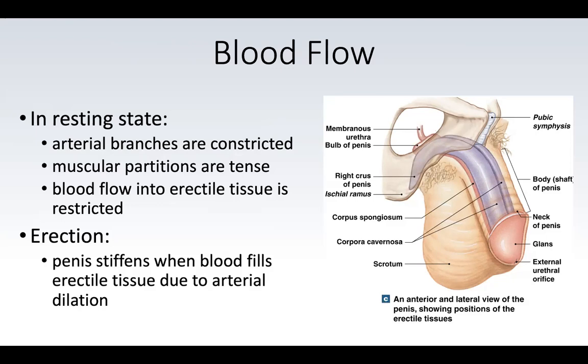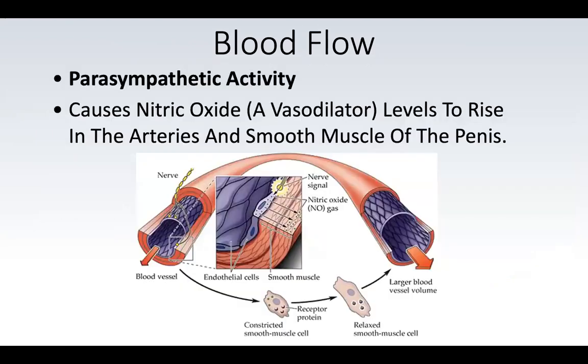During the event of erection, blood will fill this erectile tissue so that those arterial branches will start to dilate to allow for blood to perfuse through the area, thereby resulting in stiffening of the penile organ to produce an erection.